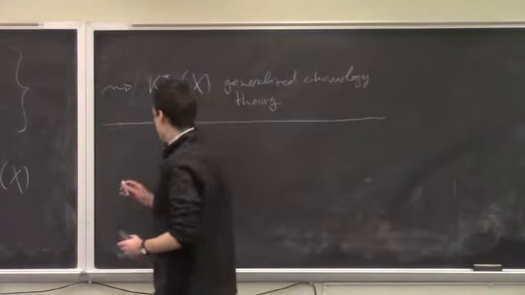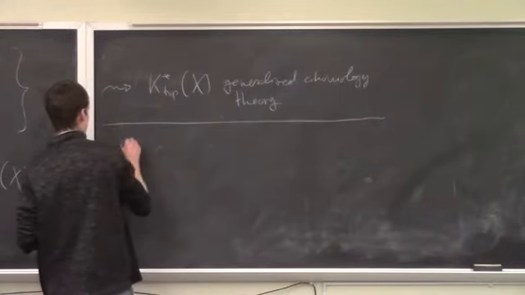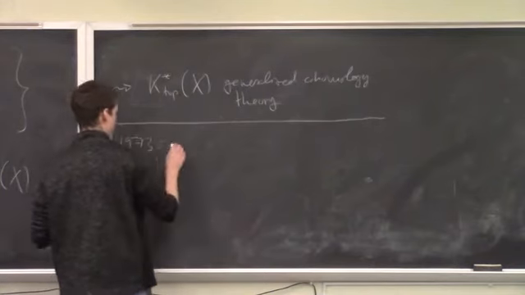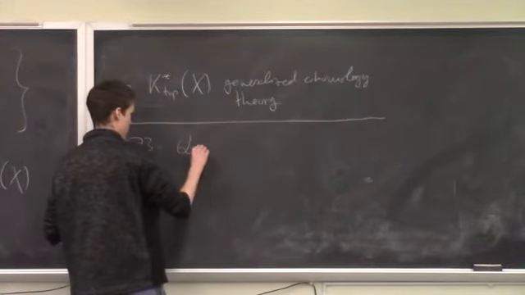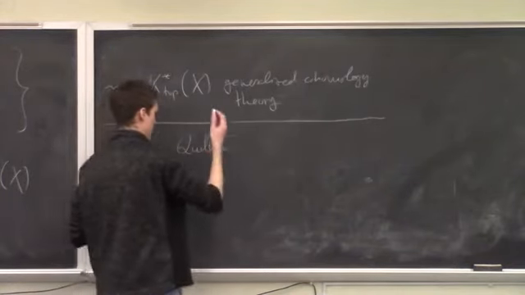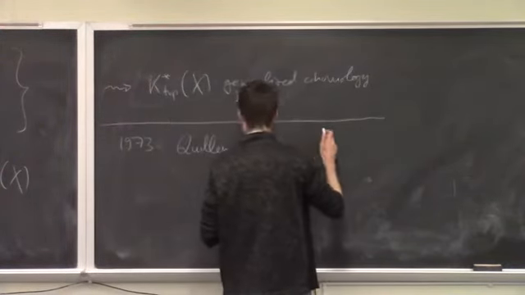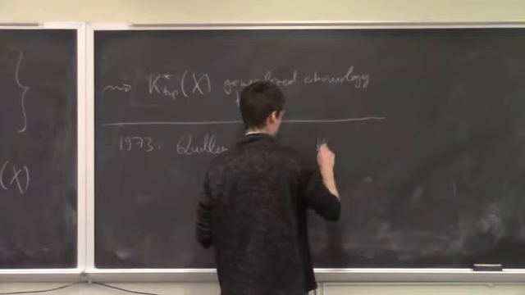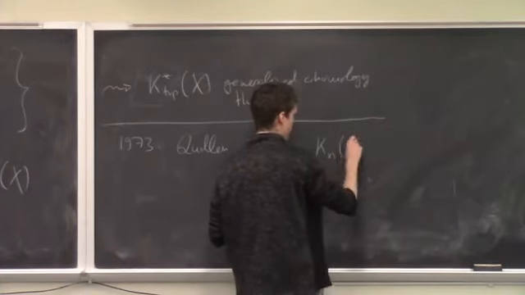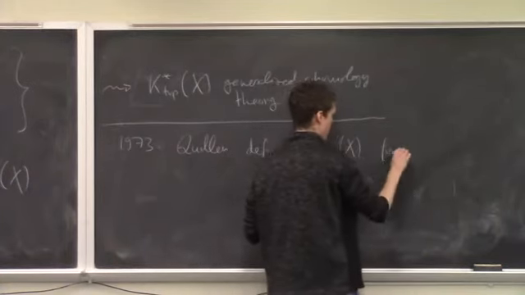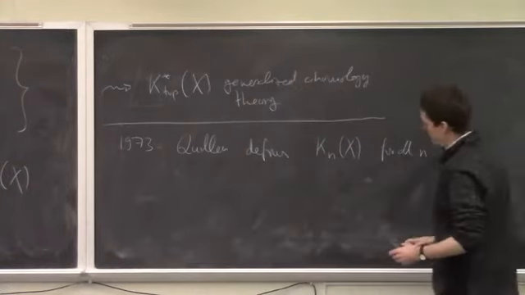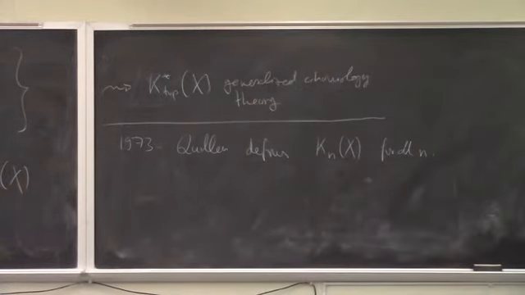But it wasn't until 1973 when Quillen defined Kn of X for all n. Right, so he gave a uniform definition of all these higher K theory groups.